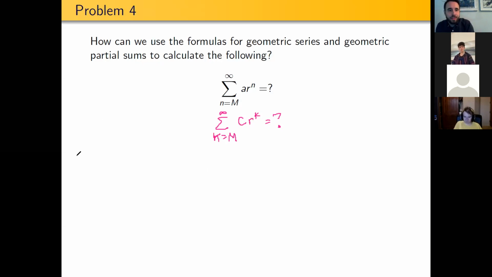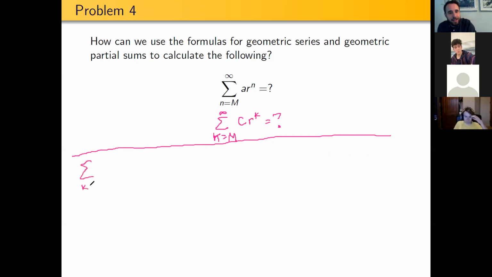We can use the formula that we've derived already. We can use the formula that says the sum as k goes from 0 to infinity of c times r to the k is c divided by 1 minus r.